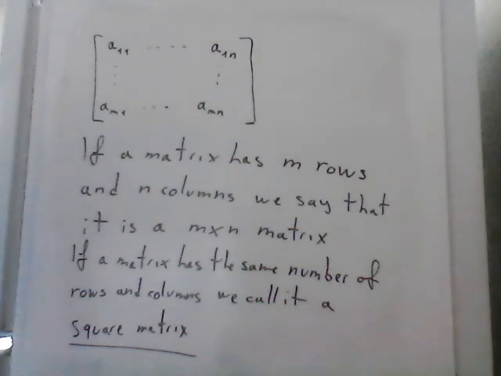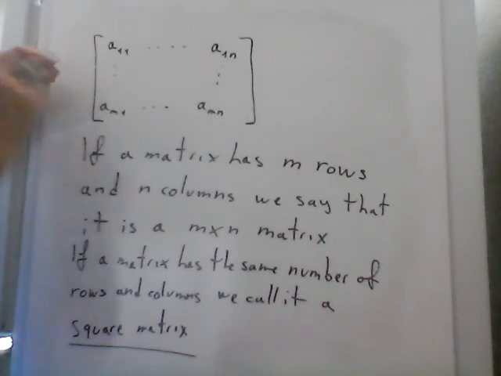And in particular, if a square matrix has n rows and n columns, we say that it's a square matrix of order n. So since it's a square and it has n columns and n rows, it's going to be a matrix with n square entries.